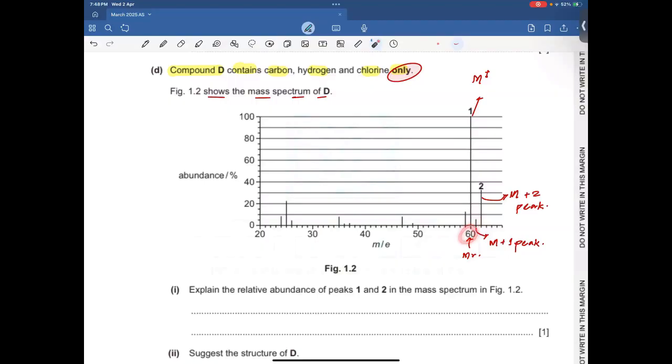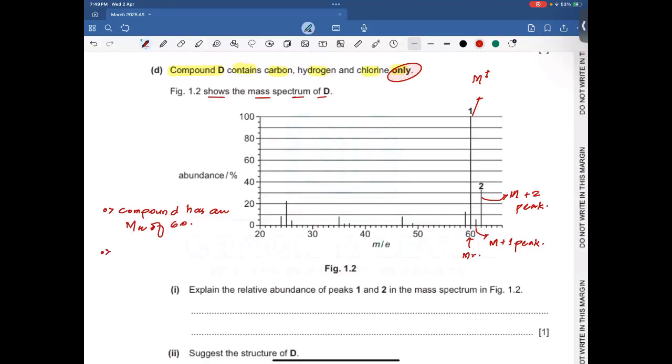If increased by 2 units, which is 62, obviously it's going to be the M+2 peak. So I've got one piece of information from this: compound D has an Mr of 60. This is the first piece of information I've collected from this spectrum.